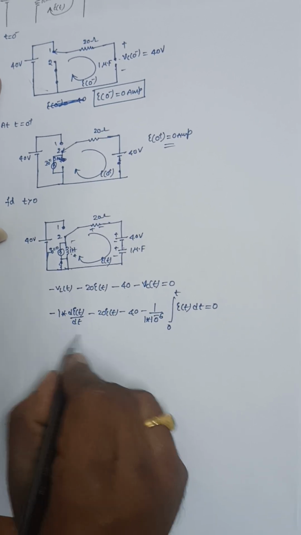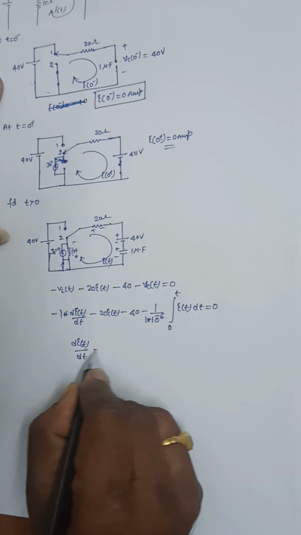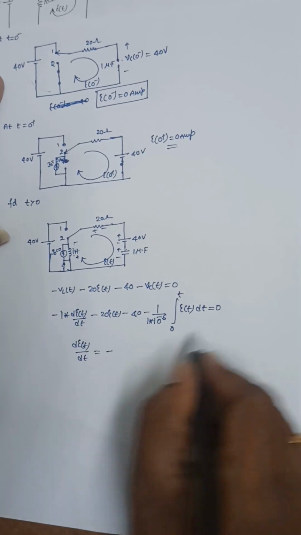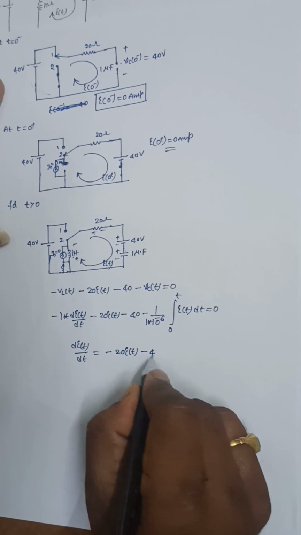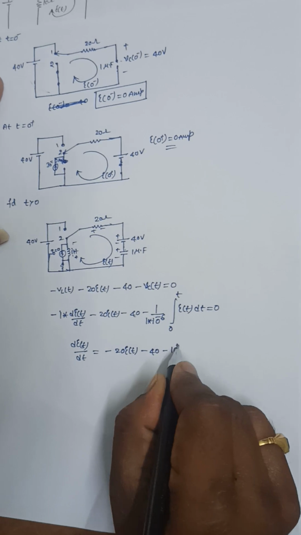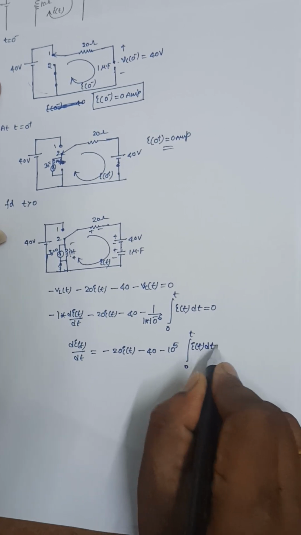Now di of t by dt is equal to, if I bring this term to the right side of the equation, minus 20 into i of t, minus 40, minus 10 power 5 into integral 0 to t i of t dt.